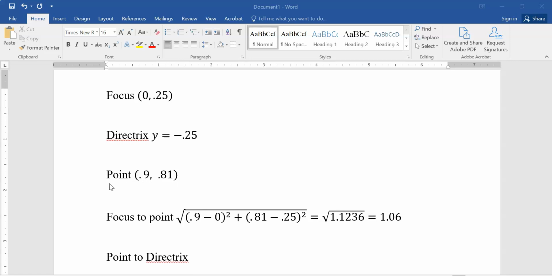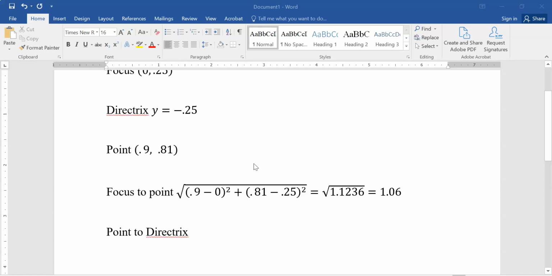If we look at the distance from the focus to the point, we take the change in x values squared plus the change in y values squared, all under a square root. You calculate that out and get the square root of 1.1236, which comes out to 1.06. So the distance between the focus and the point is 1.06.